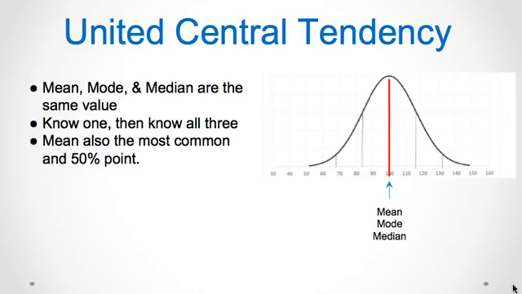It divides the distribution exactly in half, where 50% of the data will fall below the mean and 50% of the data will fall above the mean. The mean of normal distributions can equal any number from positive infinity to negative infinity. Remember, though, that the mean of the standard normal distribution is always equal to 0.